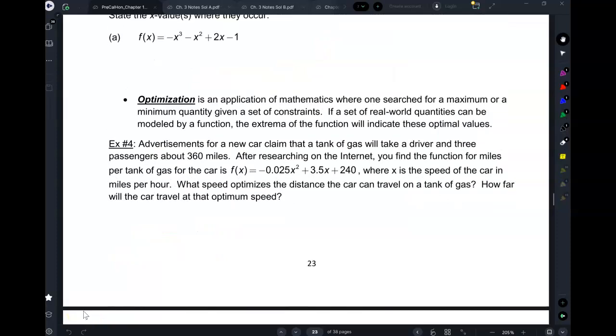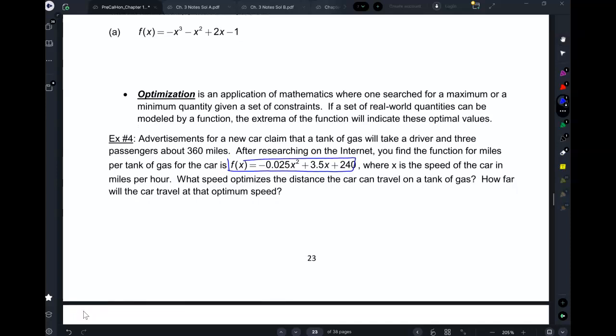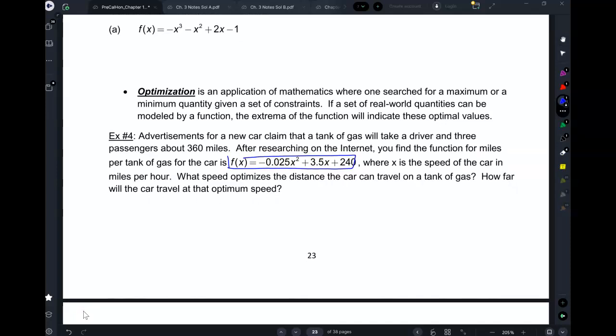So in this problem, this is the function for miles per tank of gas, where x is the speed of the car in miles per hour. Depending on what speed you're going, f of x tells you basically like the MPG, but the miles per tank.